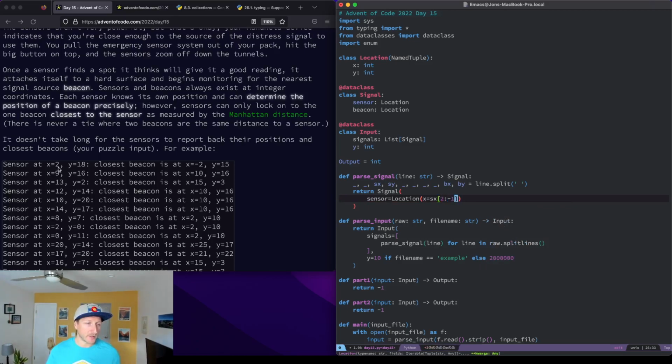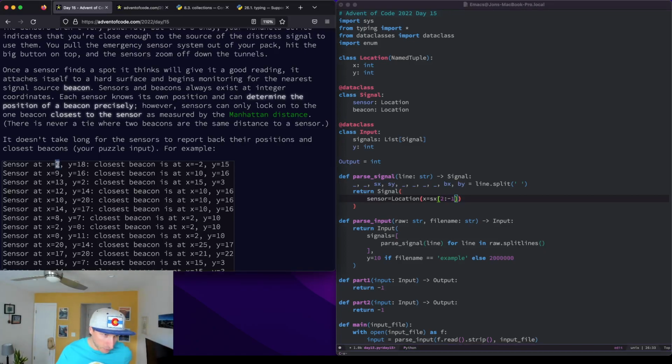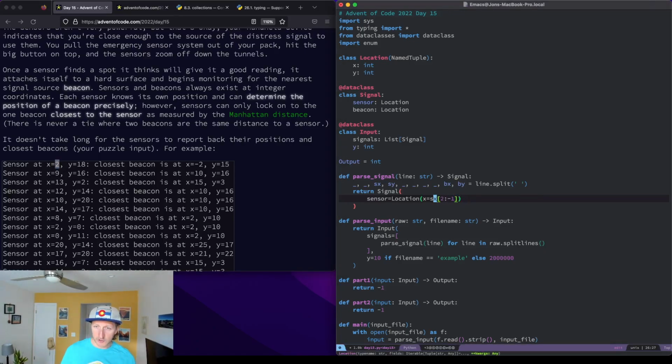So starting at the third character and going to the second to last, we just cast that to int. Then we do the same thing for y: int of sy, 2 to -1.